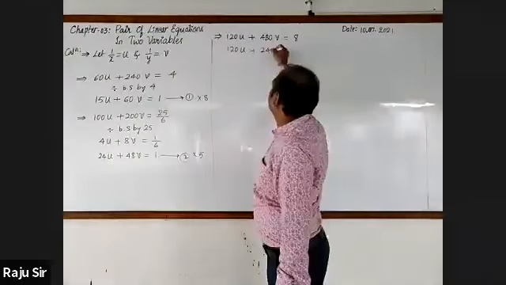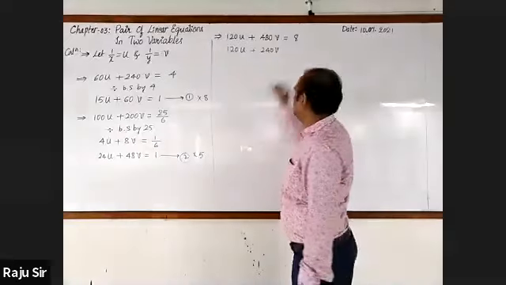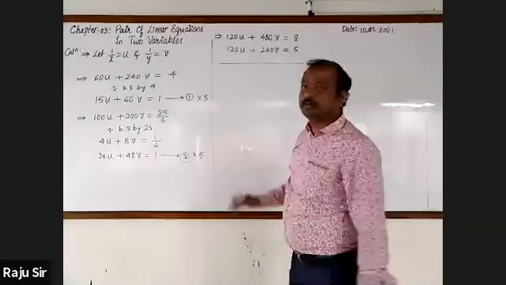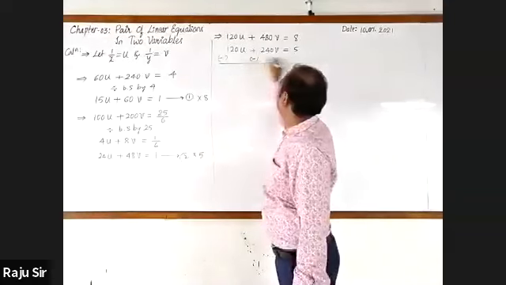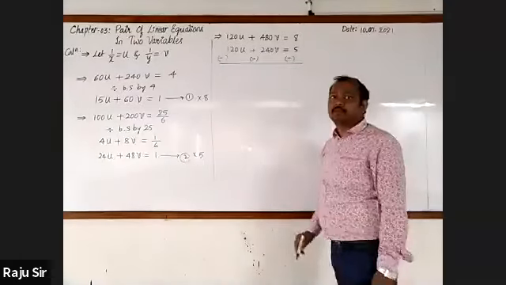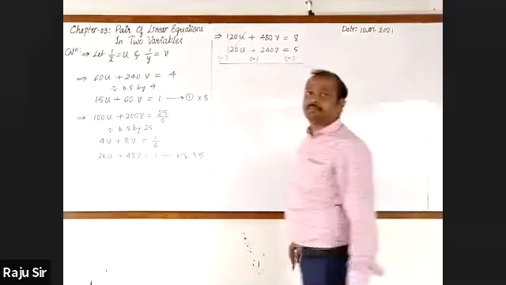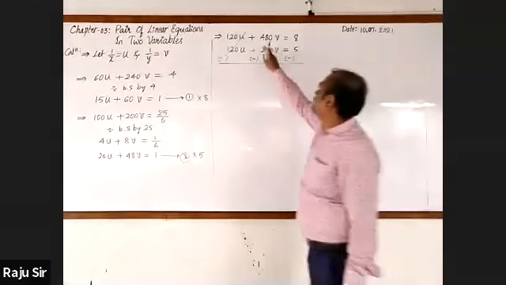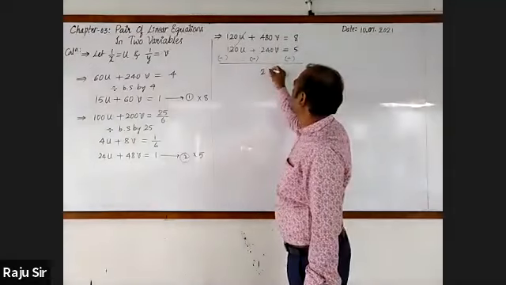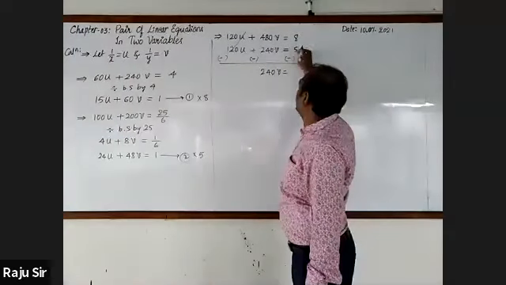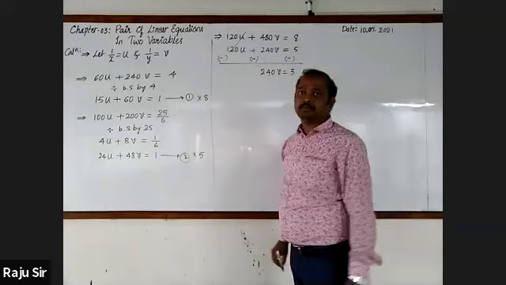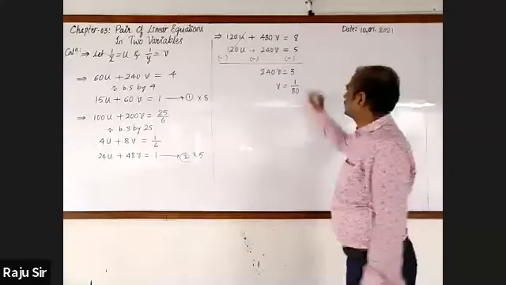It is 240v. Then 1 5s are 5. You may go for changing the sign. This is minus, here is minus, and this is also minus. The first term gets cancelled. Second term, 480v minus 240v, this will be 240v. Then 8 minus 5, this is 3. Then v is equal to 1 by 80. Correct.